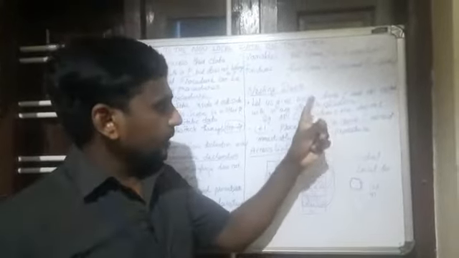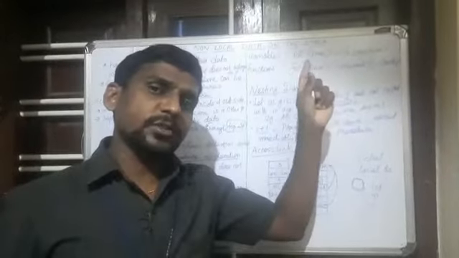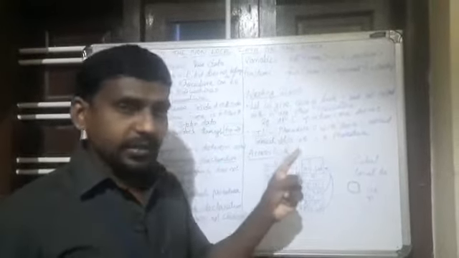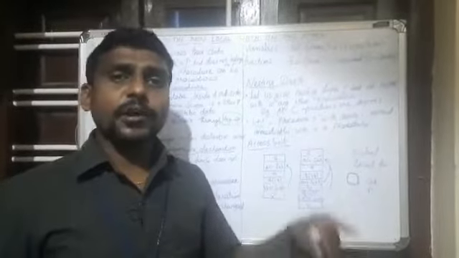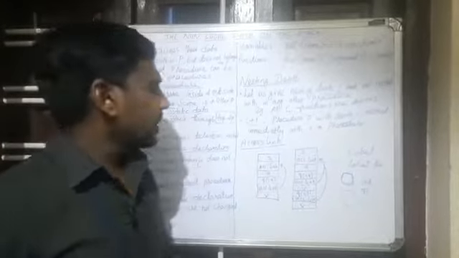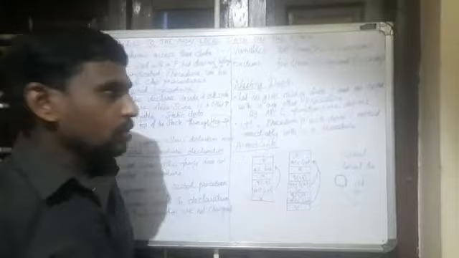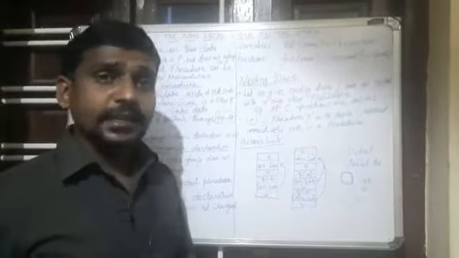So if it is not nested, the depth is 1, and if it is immediately nested in another procedure, it is i plus 1. This is the way of calculating nesting depth.